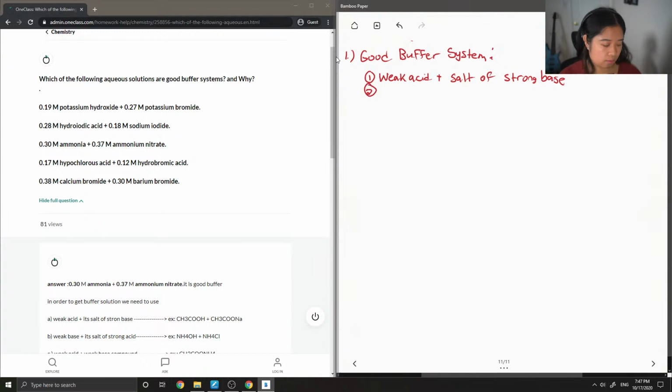Or you could have a weak base plus the salt of a strong acid. And then lastly, you can have a weak acid plus a weak base compound.